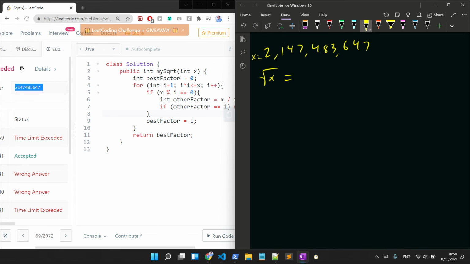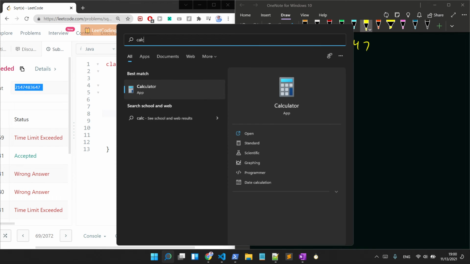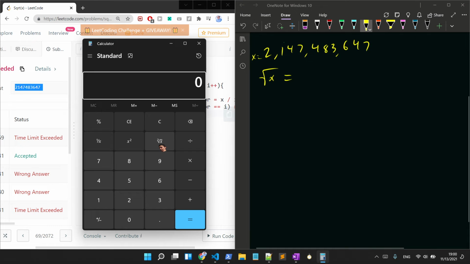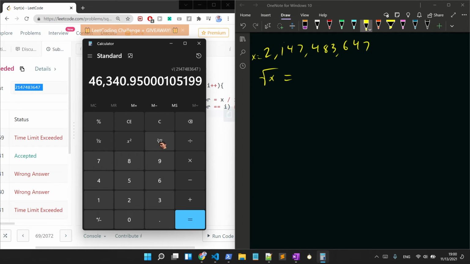The square root of this, let me just calculate real quick. It's around 46,340.95.